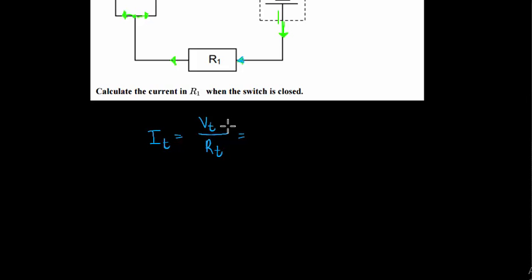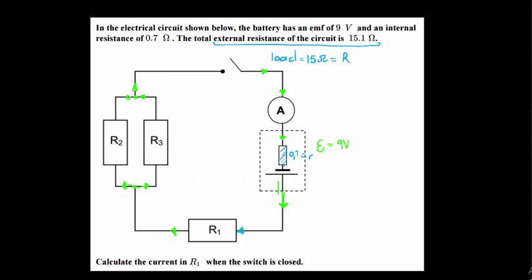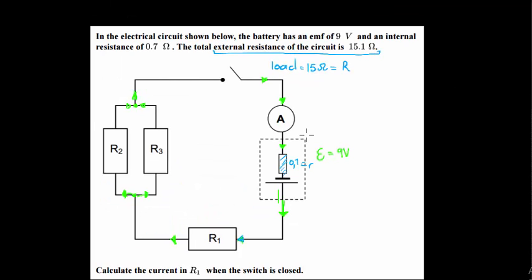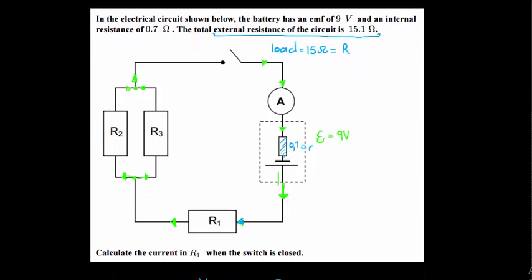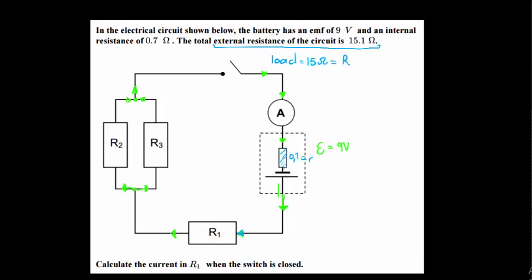Total volts we know is EMF, and total resistance is the load plus internal resistance. I didn't show it here, but internal resistance is represented by lowercase r. So the total external resistance is 15, and internal resistance is 0.7.